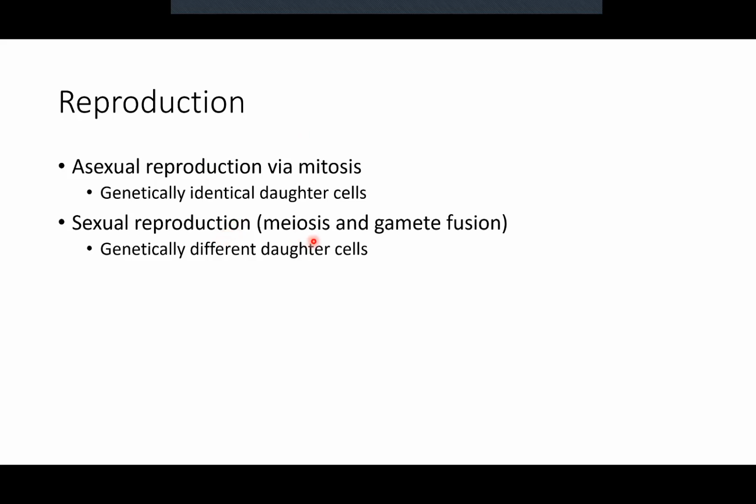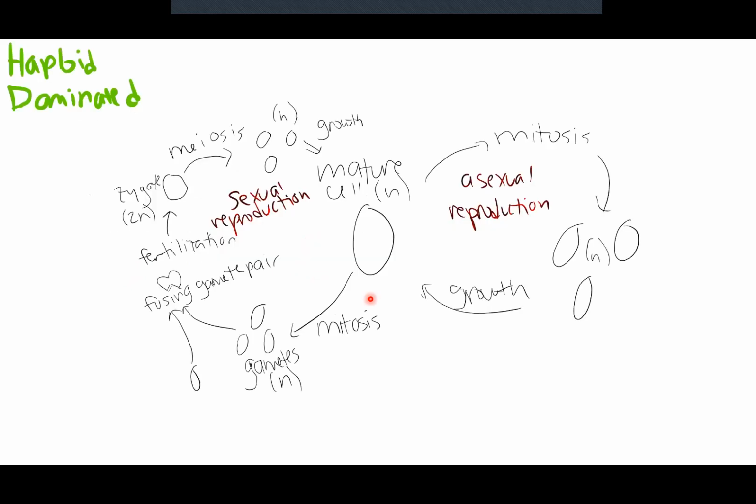Sexual reproduction is through meiosis and gamete fusion, which produces genetically different daughter cells, which is where things kind of get a little complicated because we start to talk about life cycles, and life cycles are extremely important going forward. We're going to talk a lot about them when we go over plants and then continue on with other kinds of organisms.